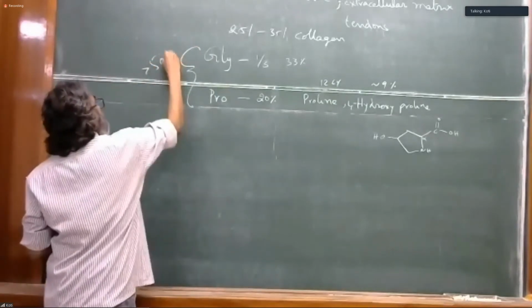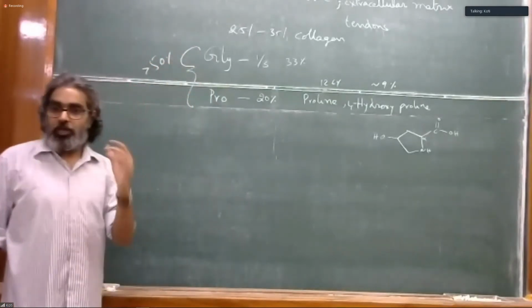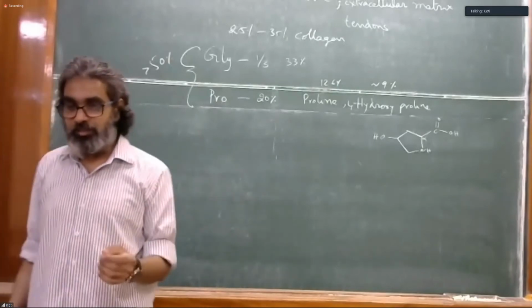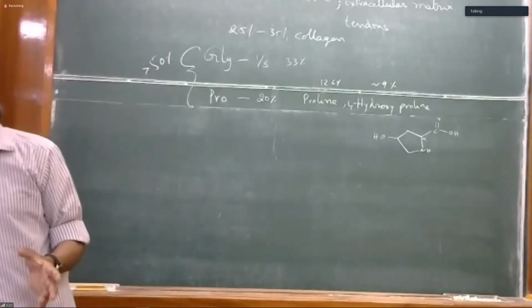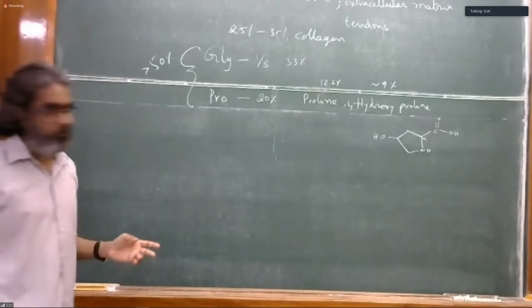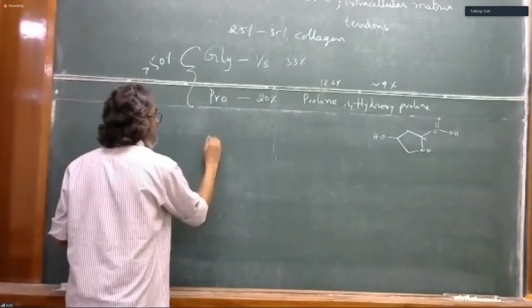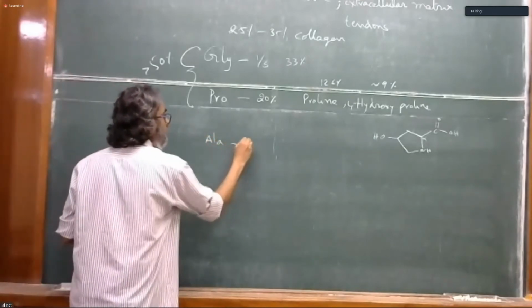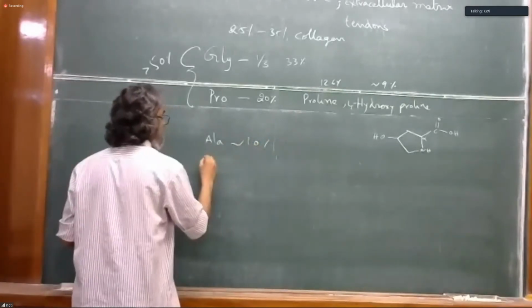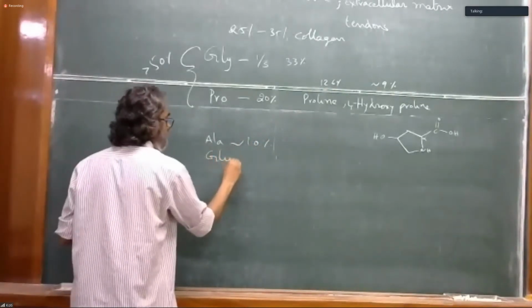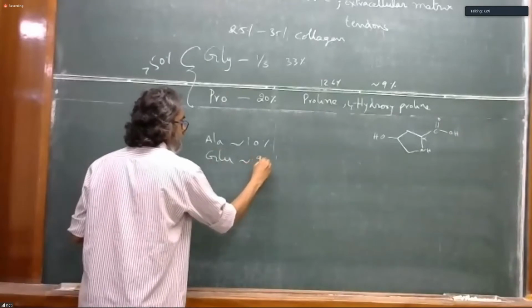So 50% of your collagen content is just glycine and proline. Another major element is alanine, which is again 10%, and glutamic acid is also about 9%.